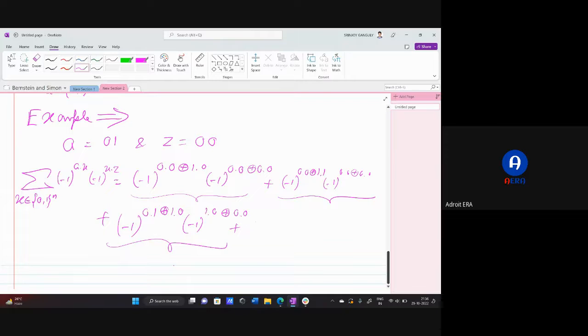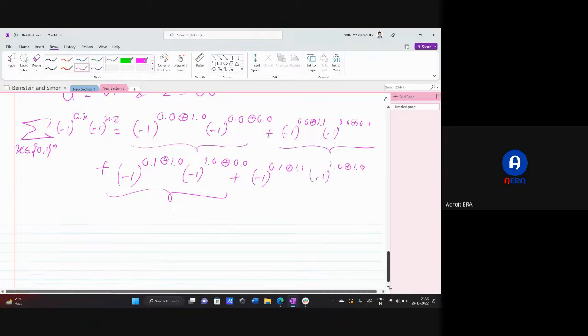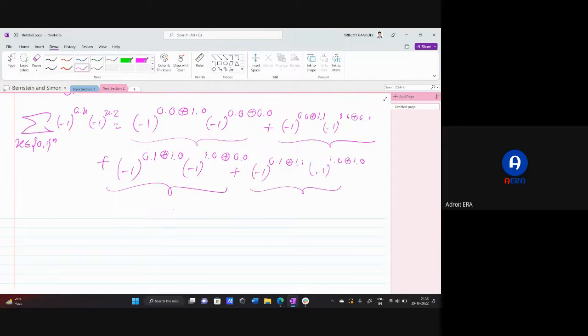Therefore this is the last sum, minus 1 0 dot 1 XORed with 1 dot 1, and then minus 1 1 dot 0 XORed with 1 dot 1 dot 0. This is the final term.